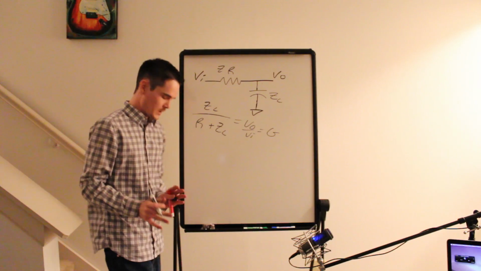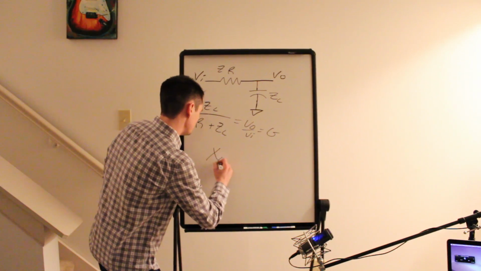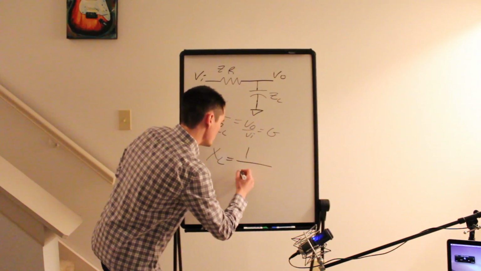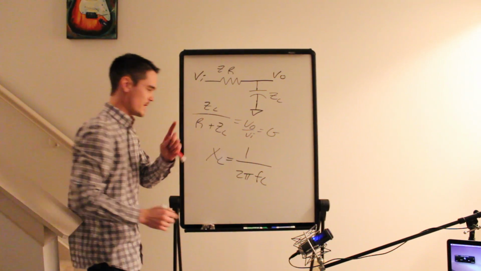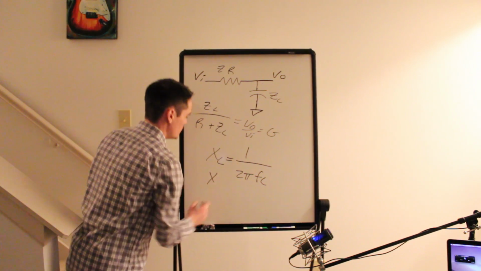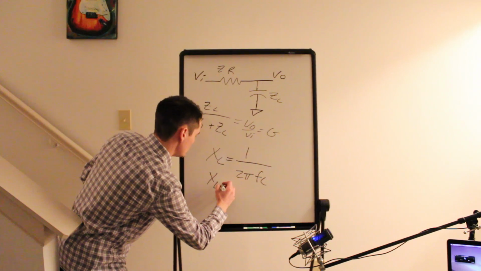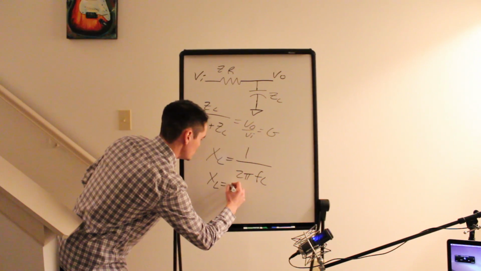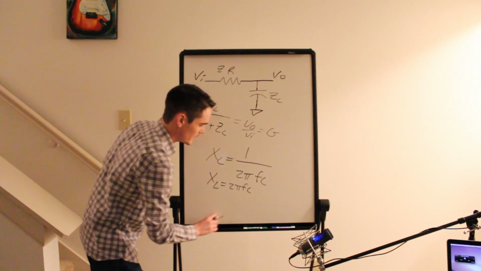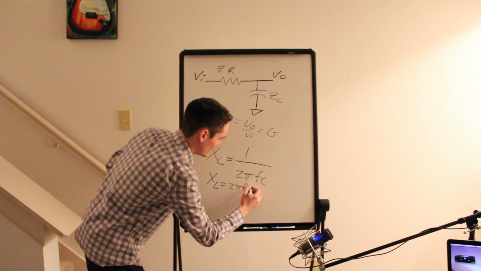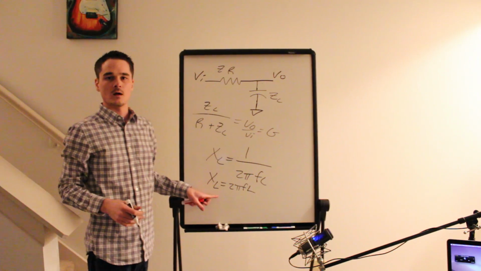So here's what you have to memorize. X of c is equal to 1 over 2 pi fc. You have to memorize that. Just like you have to remember that the inductive reactance is equal to 2 pi fL. You have to memorize these things.